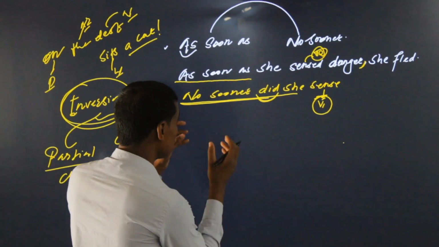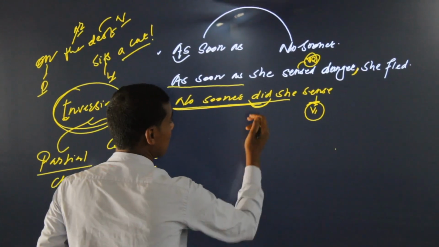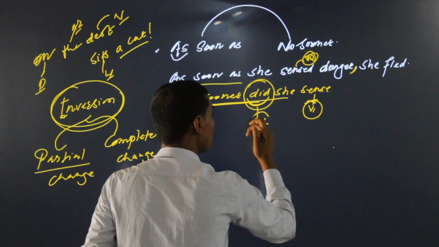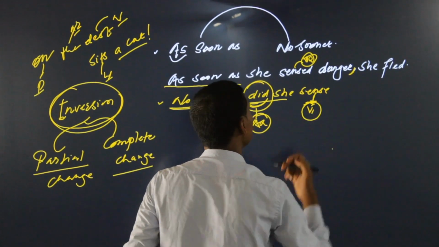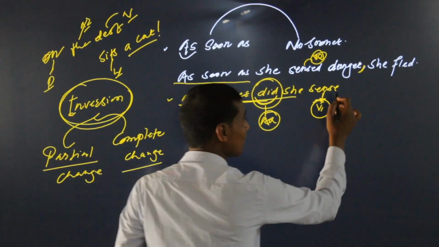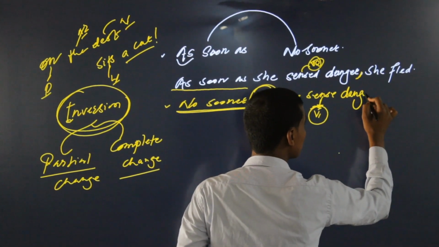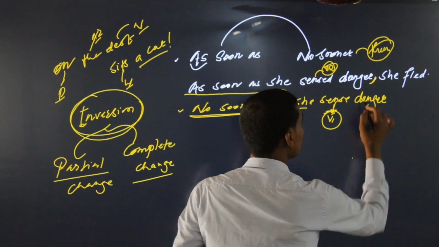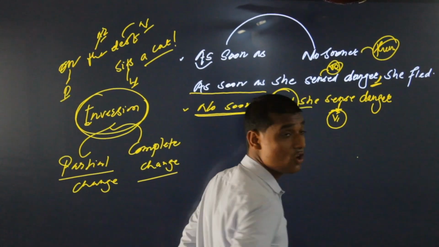In that case, you have to be aware that we have to use no sooner plus an auxiliary verb, and after that we have the main verb. So, no sooner did she sense danger, we have to use than instead of this comma.